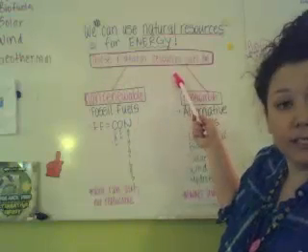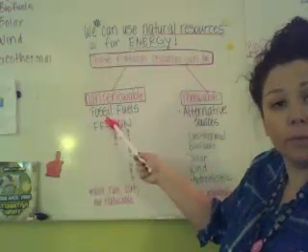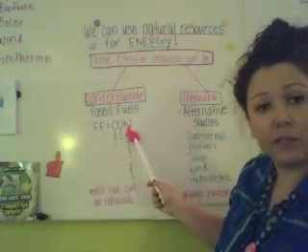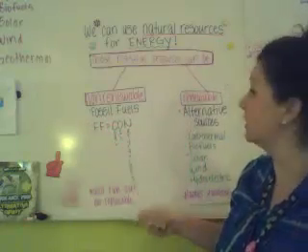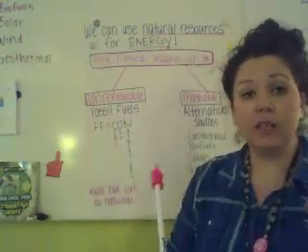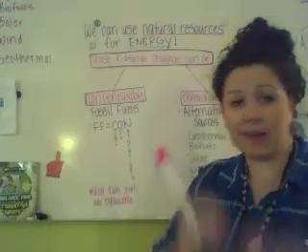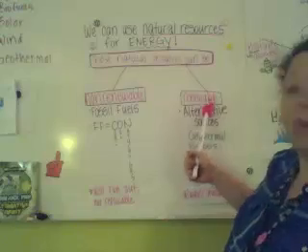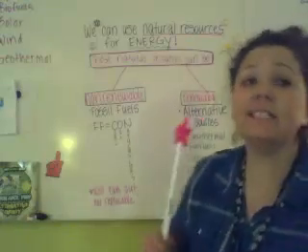My natural resources can be non-renewable or renewable. You know that our fossil fuels, FF equals con, coal, oil, and natural gas, are considered non-renewable because they will eventually run out. And once they're gone, they're gone. We cannot replace them in our lifetime. We can't replace them quickly. We also have renewable natural resources.